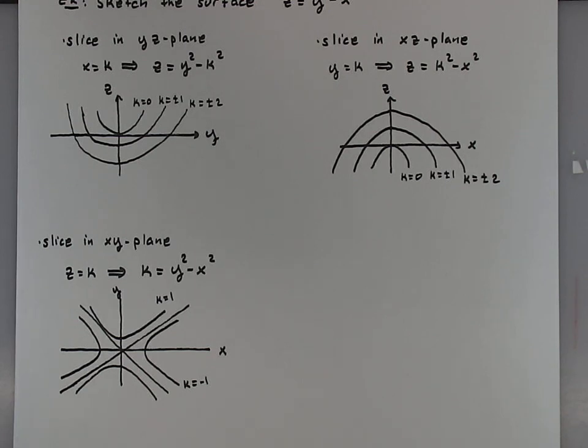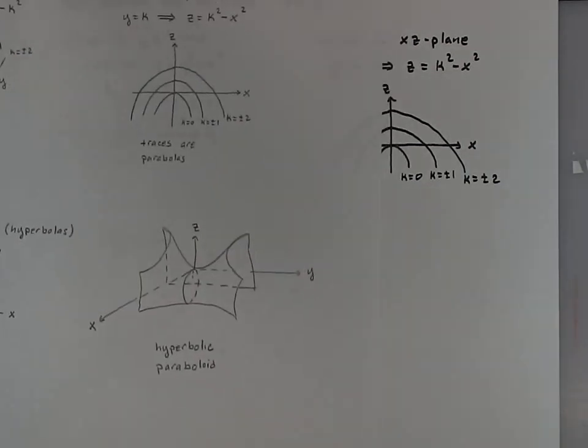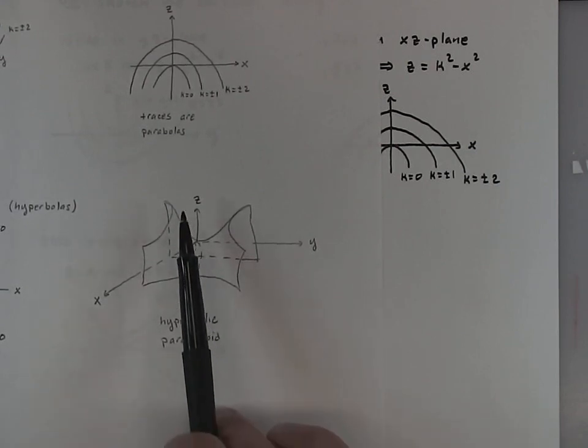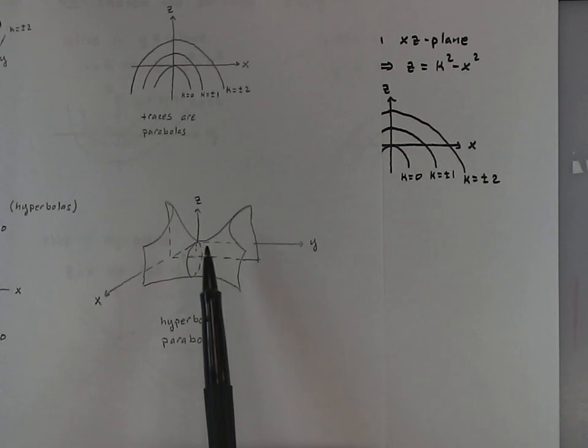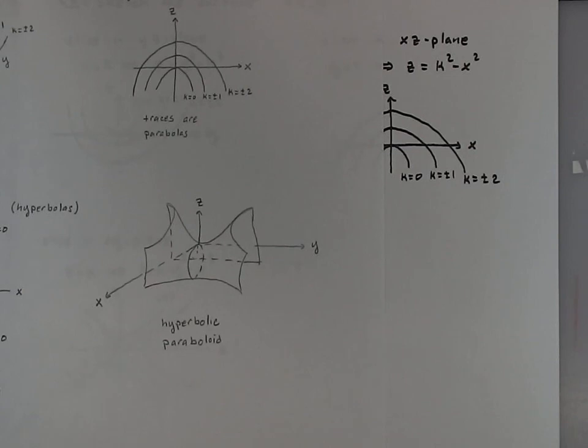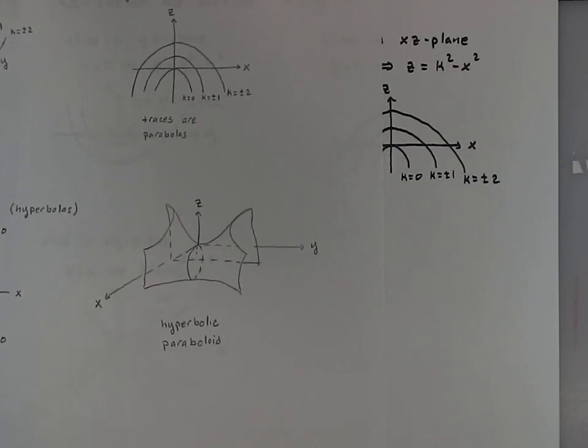So if I combine all of these traces together, I get this sort of curve. I get a curve called a hyperbolic paraboloid, where it's a mix of parabolas and hyperbolas. So it looks like a saddle, but it's a hyperbolic paraboloid.